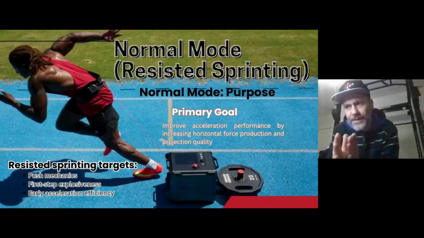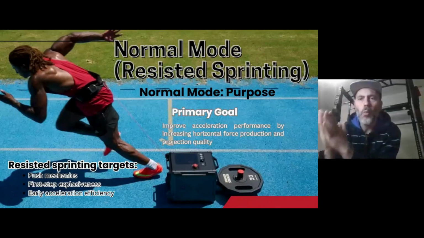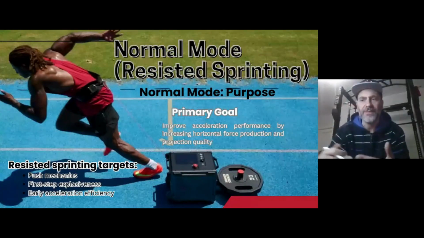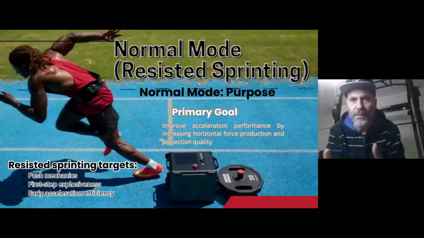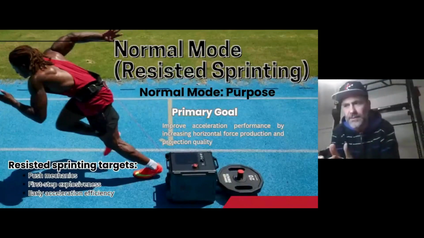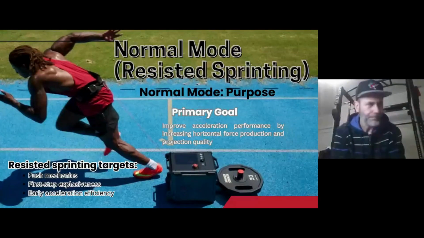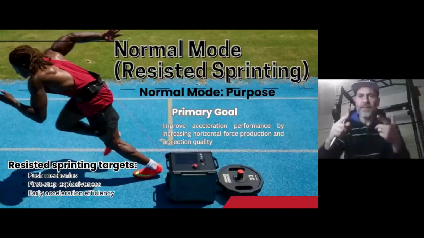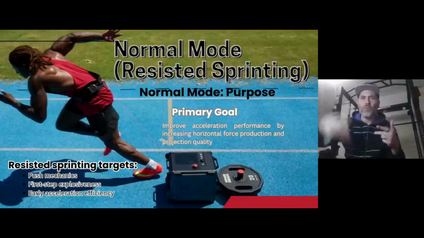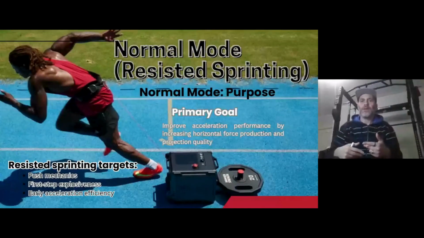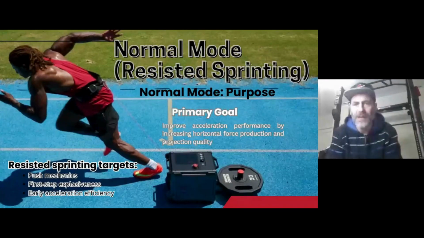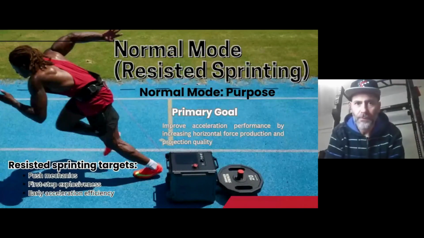The goal is not simply to make the athlete work harder, but to create a constraint that enhances the qualities that matter the most in the first 30 meters: pushing, projecting, and orienting forces backwards. That's where we need to apply forces during the acceleration phase.